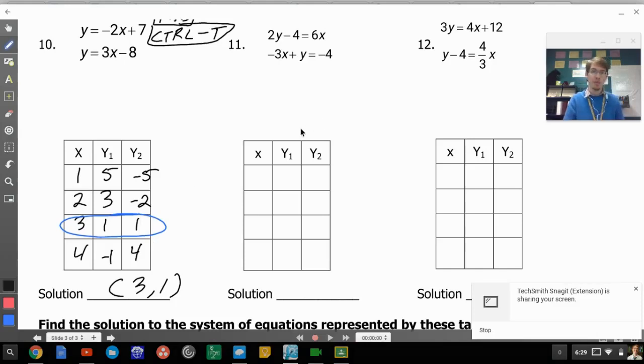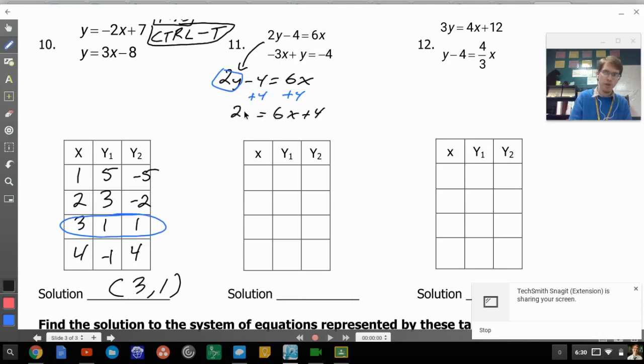Okay, so for number 11, we have a little bit more work to do because we need to get y by itself first. If I want to get y by itself for this one, actually I better write that over here. I want to get the y term by itself, so I'll add 4. Since these two are like oil and water, they can't go together. Bring it down.